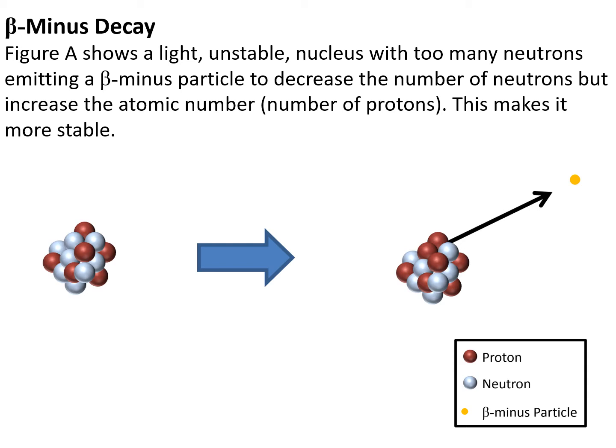Figure A shows a light, unstable nucleus with too many neutrons emitting a beta minus particle in order to decrease the number of neutrons, but increase the atomic number, that is to say, the number of protons. This makes it more stable.